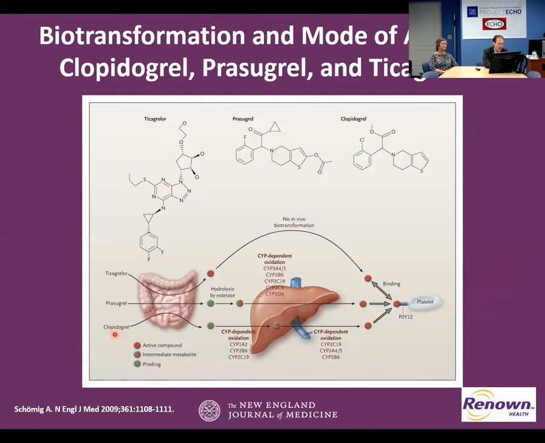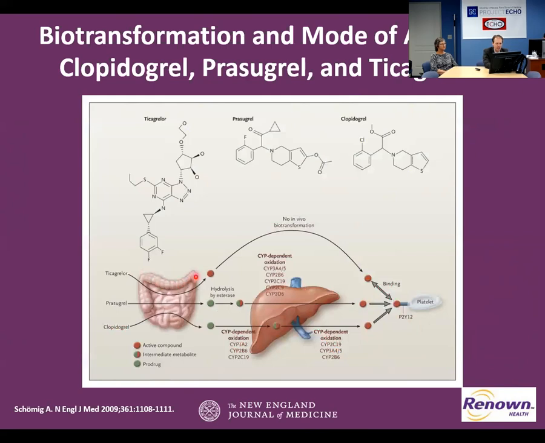So Plavix and Effient are absorbed through the gut, and then they are prodrugs. Those two are prodrugs that are metabolized by the cytochrome P450 system into their active metabolites, which are the things that inhibit the P2Y12 receptor, the ADP receptor on the platelets.